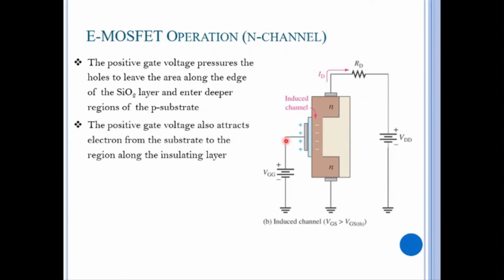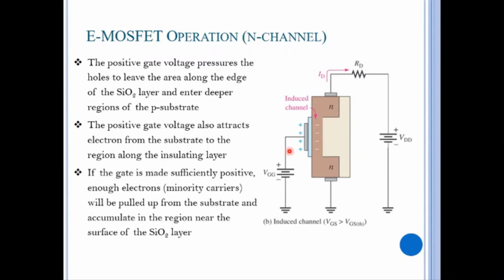Okay, and at the same time, the positive gate voltage also attracts the minority electrons from the substrate to the insulator interface. If the gate is made sufficiently positive, enough for the electrons to be pulled up from the substrate and accumulate in the region near the surface of the silicon dioxide layer, this is the time where the induced channel is formed.